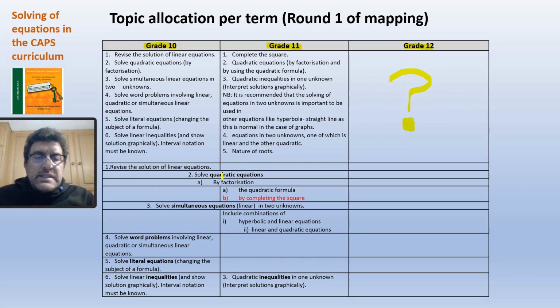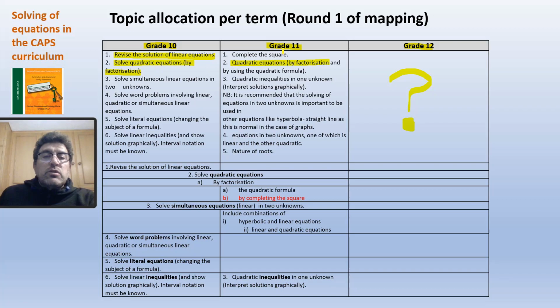So let's go back here and see how we develop this map. First thing here, it says revise the solution to linear equations. Nothing of that is mentioned later, so it remains under grade 10 in its own block. Now it says solve quadratic equations by factorization. Here, quadratic equations by factorization.